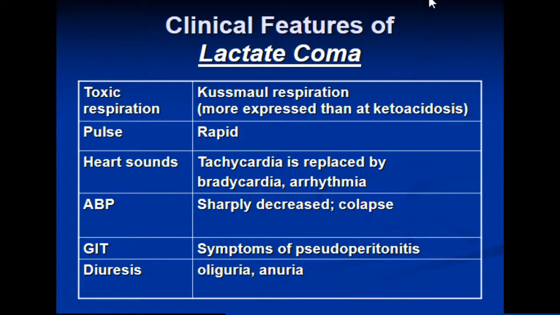Kussmaul respiration more expressed than in ketoacidosis. Pulse frequent; tachycardia is replaced by bradycardia and arrhythmias. Arterial blood pressure sharply decreased, and collapse and shock. GIT: symptoms of pseudoperitonitis. Diuresis: oliguria and anuria.